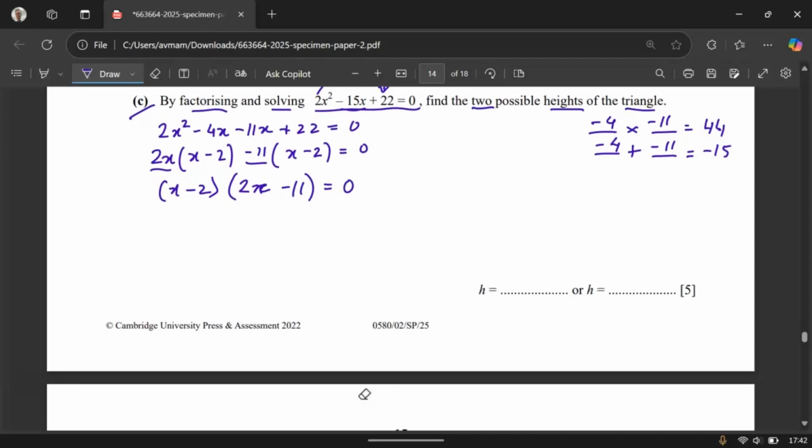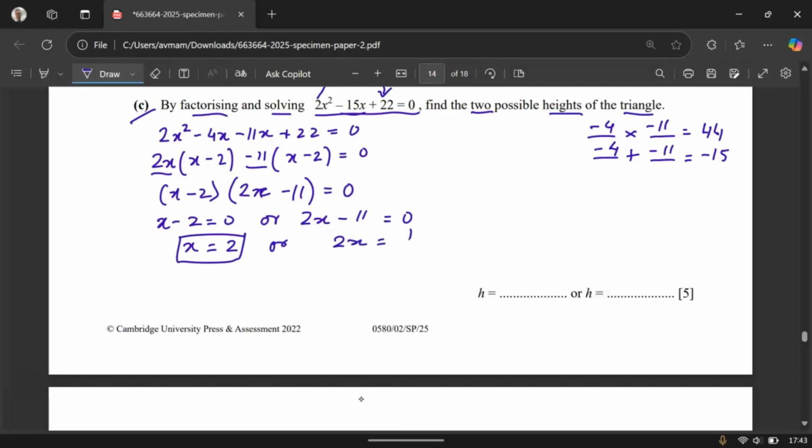And as you know, when we multiply two expressions and the answer is 0, either one of them must be 0. So either x minus 2 equal to 0 or 2x minus 11 equal to 0. In this case, x equal to 2 or 2x equal to 11, and then x equal to 11 divided by 2. Using these two values of x, we need to find the two possible heights of the triangle.